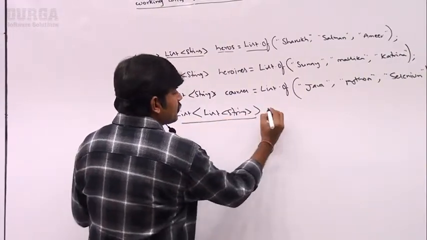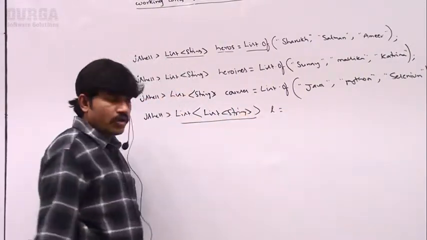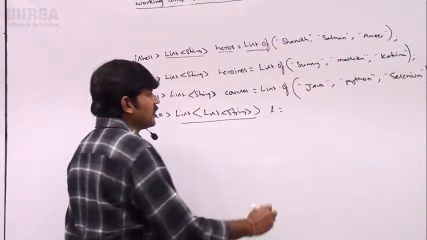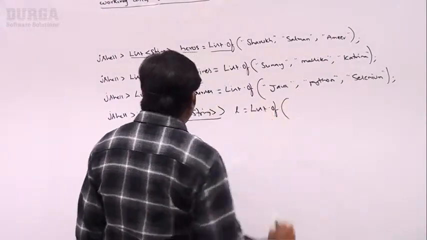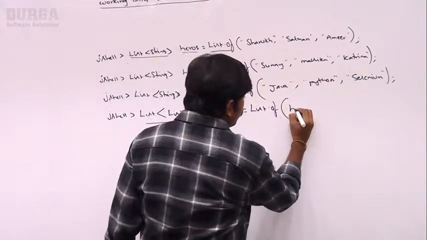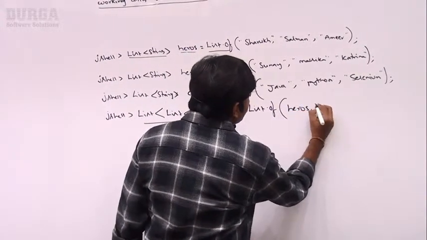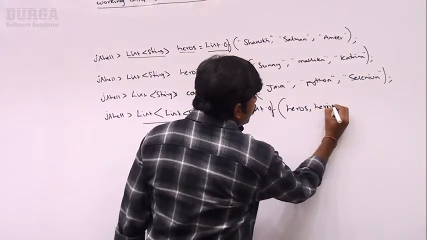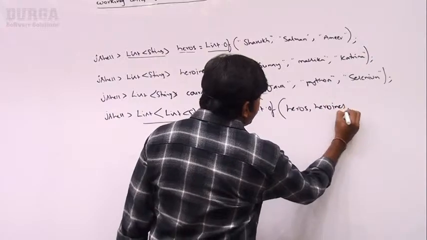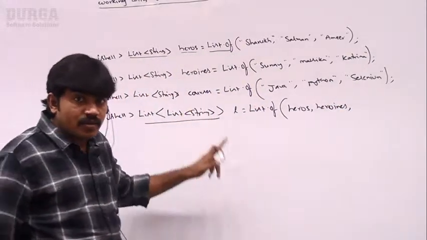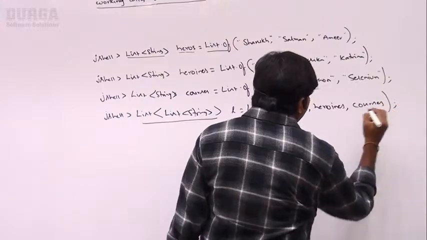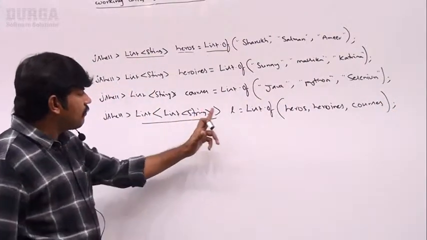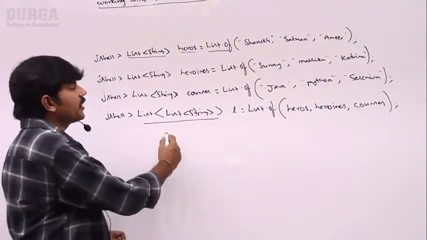List of string L is equal to list dot of, what is the first one, sir? Heroes. What is the second one? Heroines. What is the third one, sir? Courses. Like this, happily, do you know, sir, a complex list by default is going to be created, right?